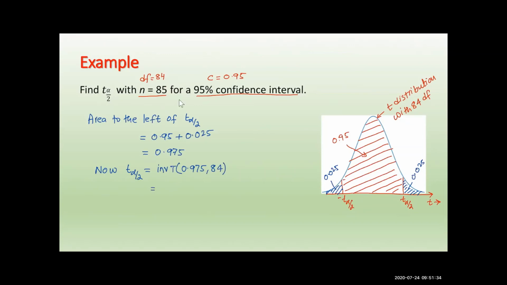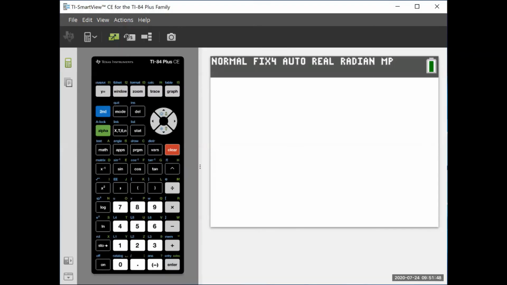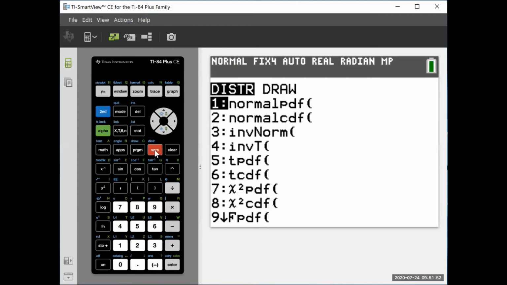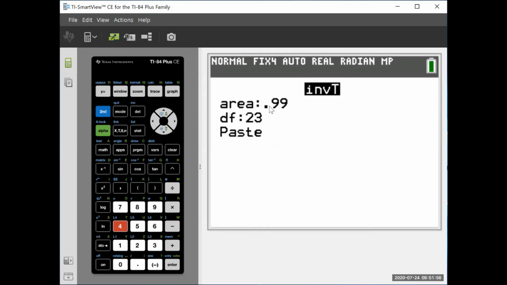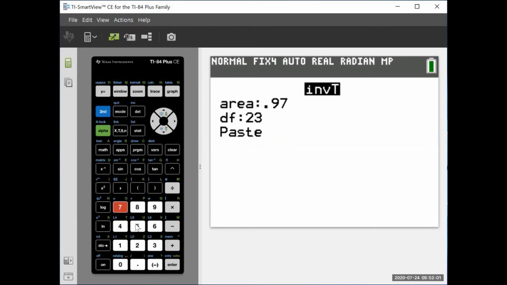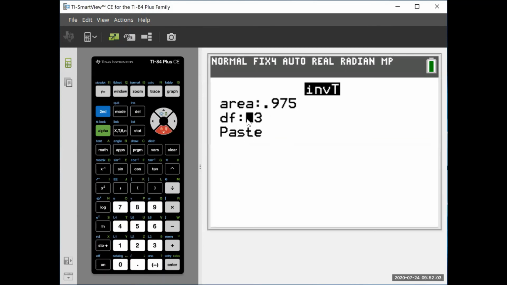Now we are going to use the TI-84 calculator to get this value. We go to second, then vars, and number 4. Here you'll write your area, which is 0.975. Here we'll enter our degree of freedom, in this case 84.